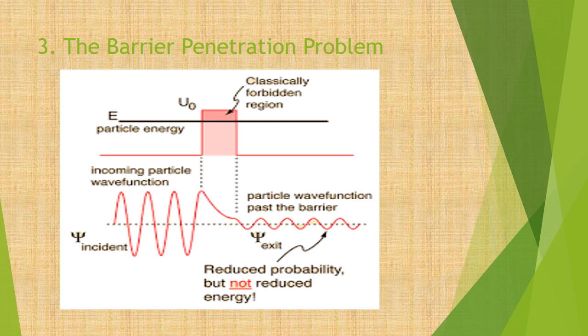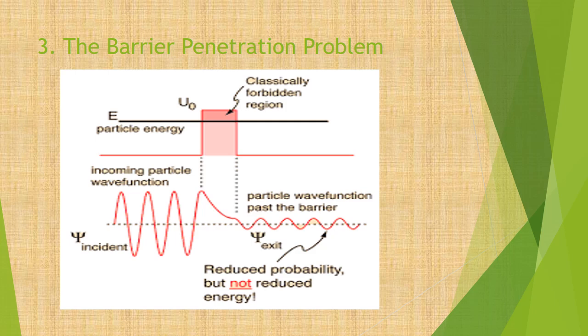This potential is described by V equal to 0 for x less than 0, and V equal to V for 0 less than x less than L at region 2. V is equal to 0 for x greater than L at region 3.